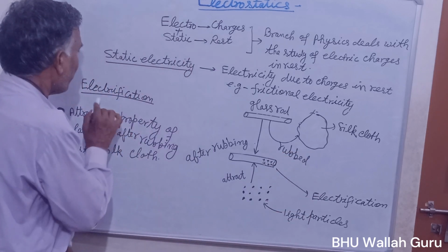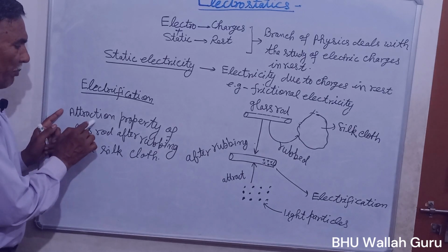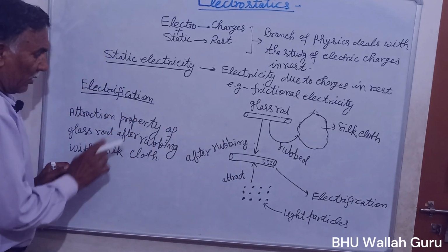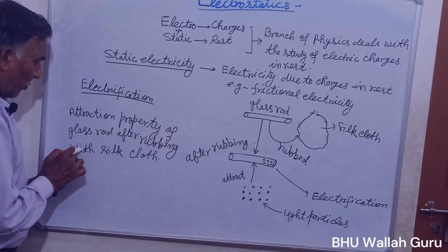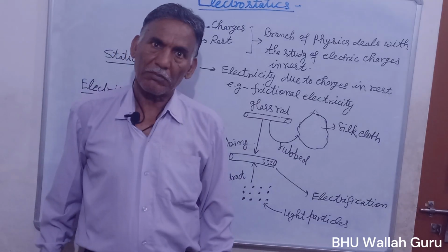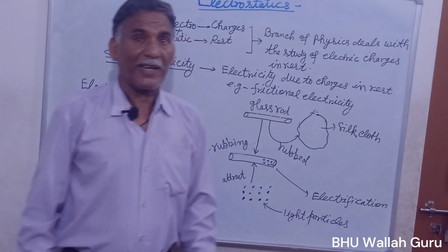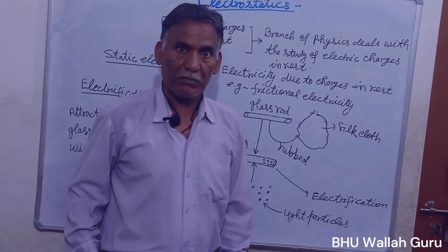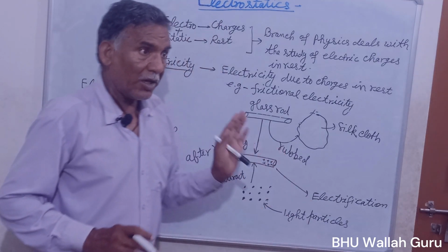Electrification is a property developed in the glass rod by virtue of which it attracts light particles towards itself. Now, the question arises: how does electrification take place?